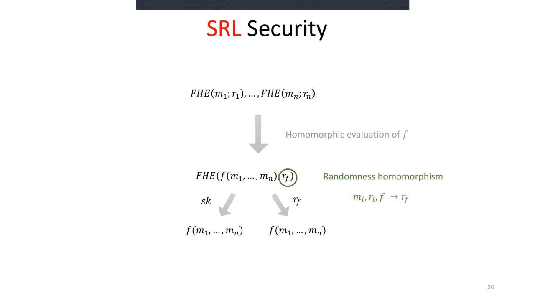So there are actually two ways to recover a message. First is to decrypt using the secret key, and the other way is to use this evaluated randomness R sub f. The difference is that the secret key works on every ciphertext, whereas this evaluated randomness R sub f is specific to this evaluated ciphertext. It only works for that ciphertext.